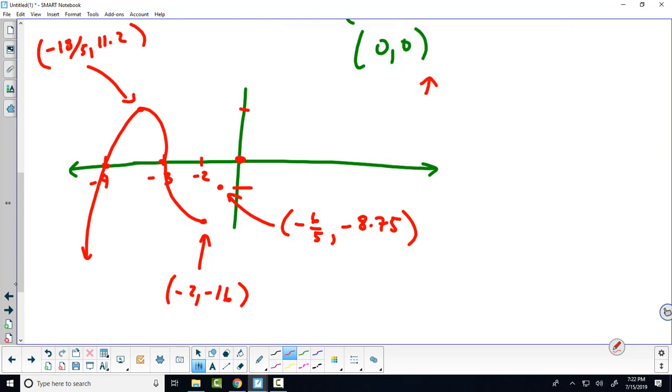Until we get to x equals -2, at which point we've got our horizontal tangent line. And then we start increasing, still in a concave up manner. And then at that inflection point, we're now increasing in a concave down manner. And then we again continue increasing in a concave up manner. Okay? All right. There's the graph of this function.